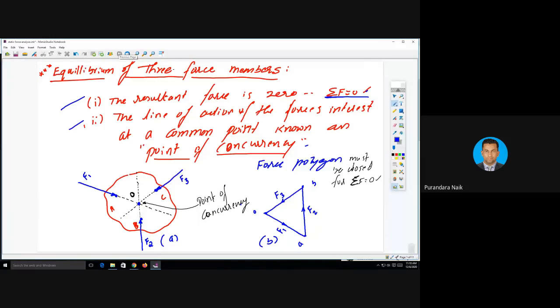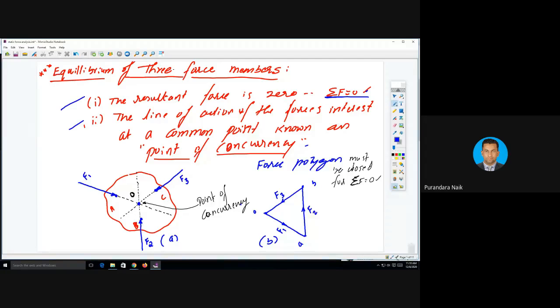What is the condition for a 3-force system to be in equilibrium? Can anyone tell? Now we need to apply the concepts: 2-force member, 3-force member and 4-force member, or 2 forces with 1 torque member. These 4 concepts you need to apply. That's all. For equilibrium of a 3-force member, what is the condition?